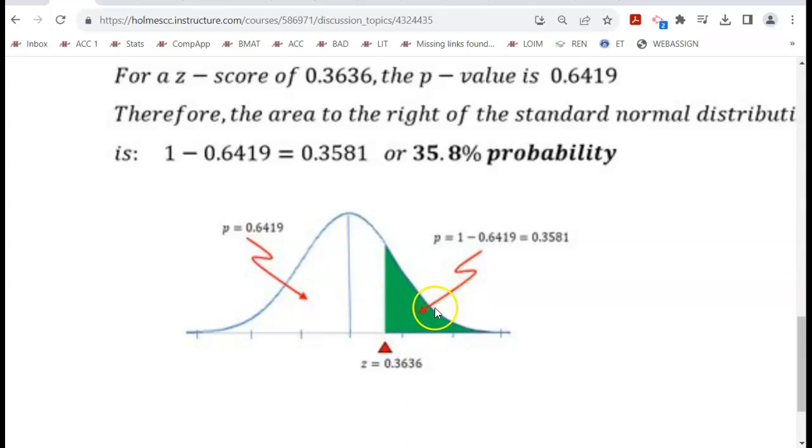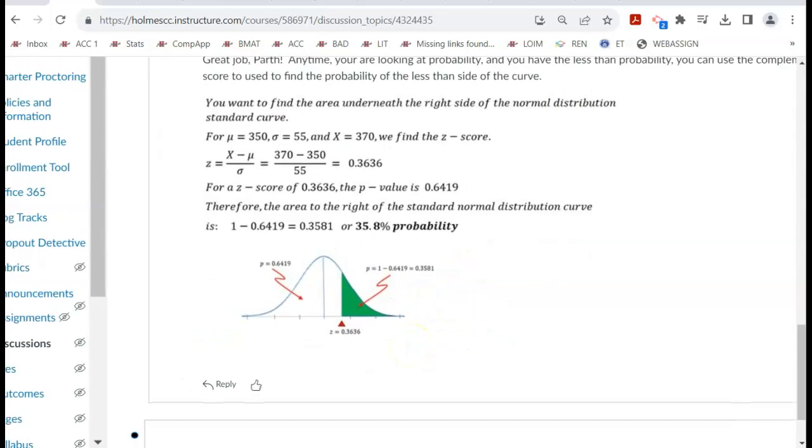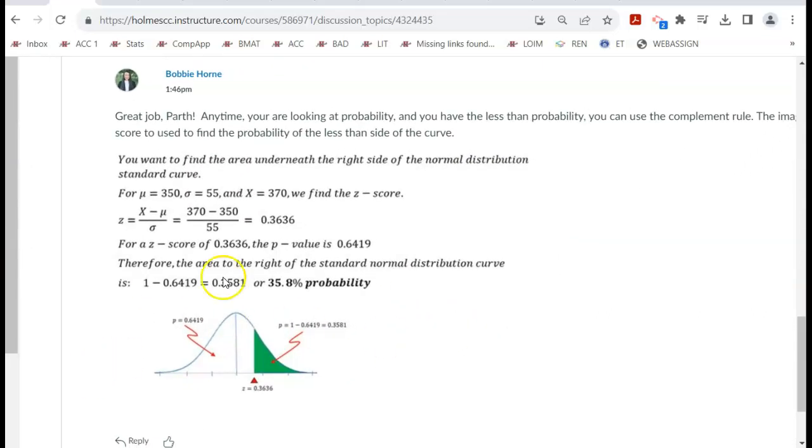If you want the side that's greater than, if we want to find the probability that X is greater than 370, we would have to use the complement rule. And what that says is the white side plus the green side, the total area under the curve, is equal to 1.